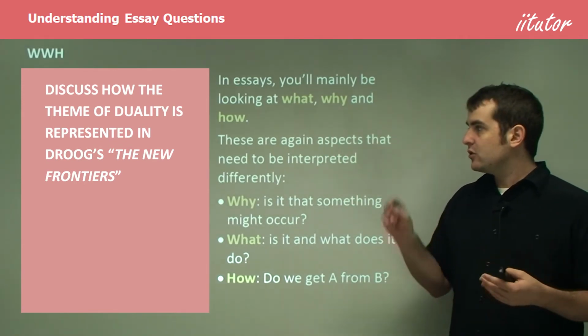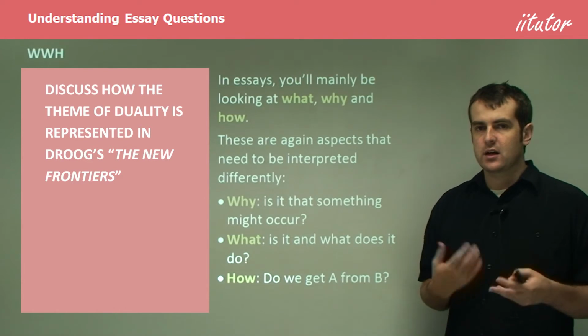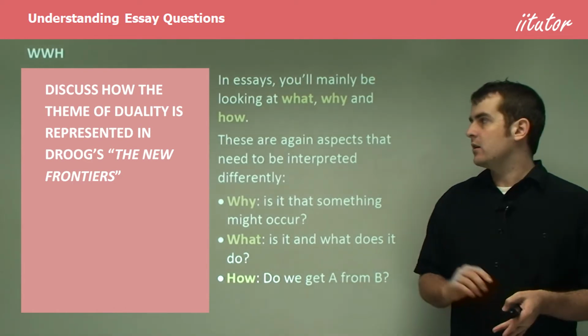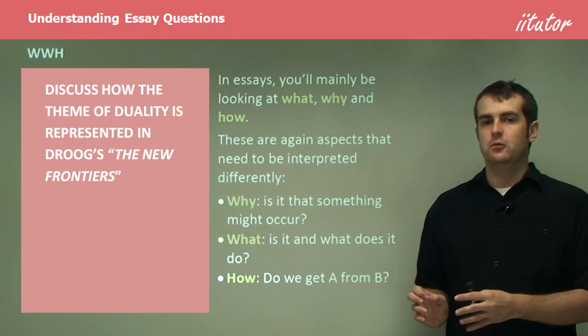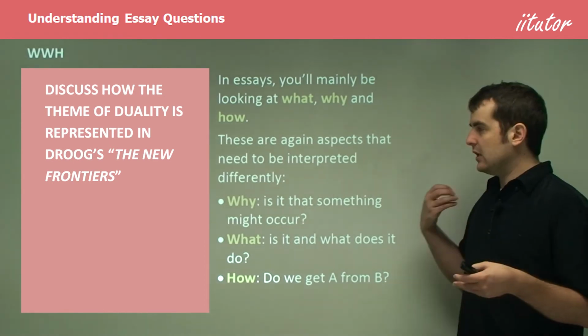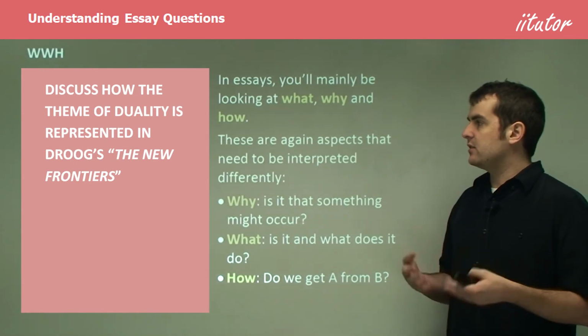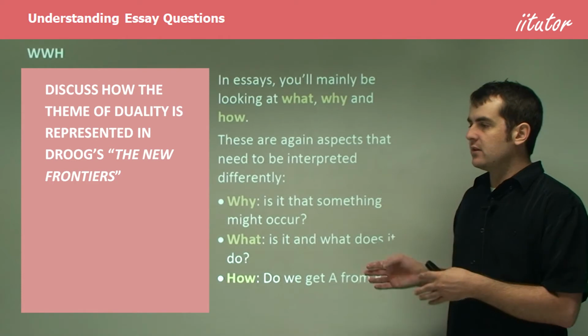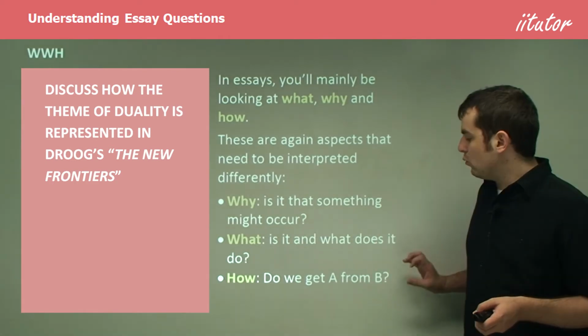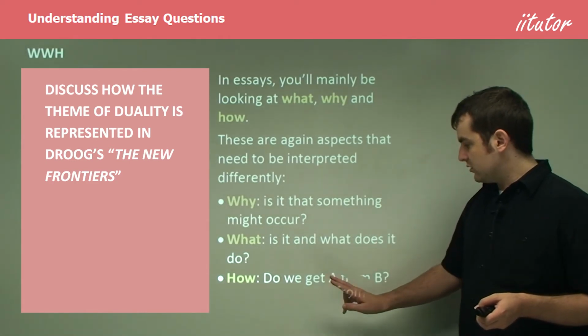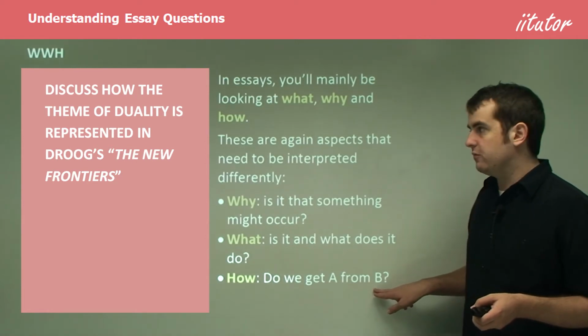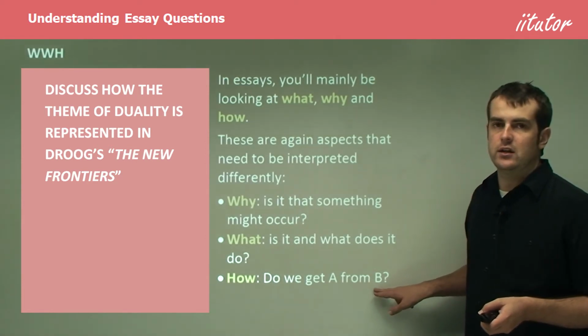Now, for those who don't know what duality is as a theme, and it's one that comes up frequently in Shakespearean plays, it's the conflict between good and evil, or light and dark. Essentially what the question is asking there is, discuss how light and dark is represented in this story. This is what we're looking at: how do we connect the story to that idea of light and dark being shown in that story.